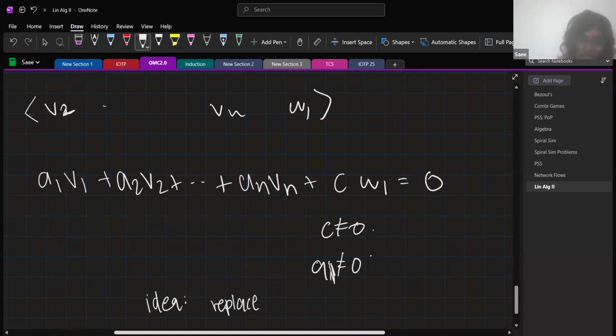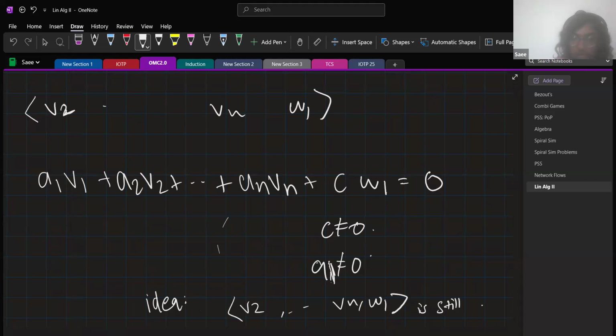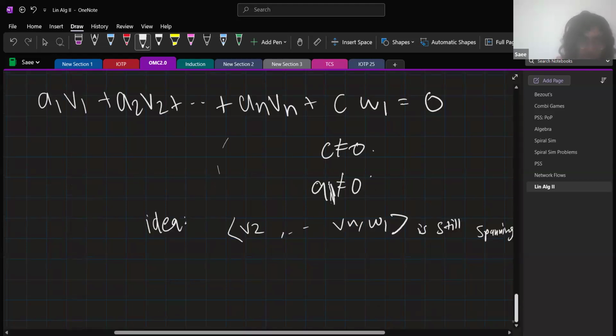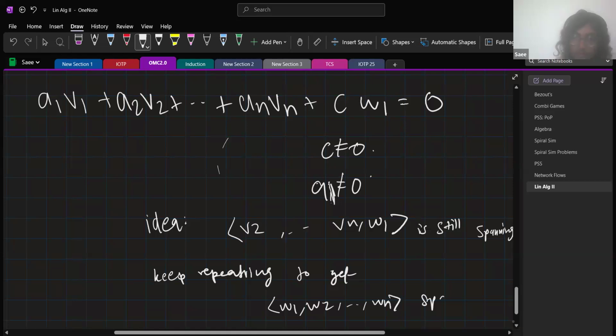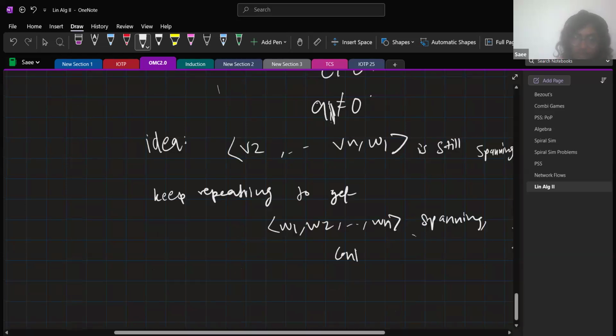So V2 to Vn, W1 is still spanning. Then again keep repeating to get W1, W2 to Wn spanning. Contradiction: the minimality of the second basis.